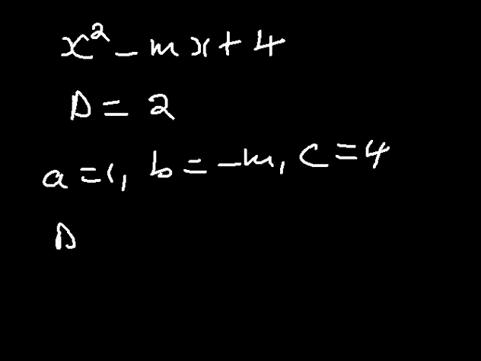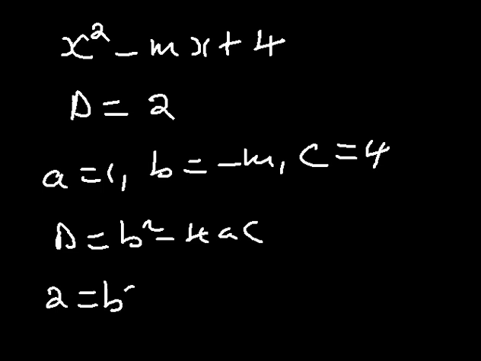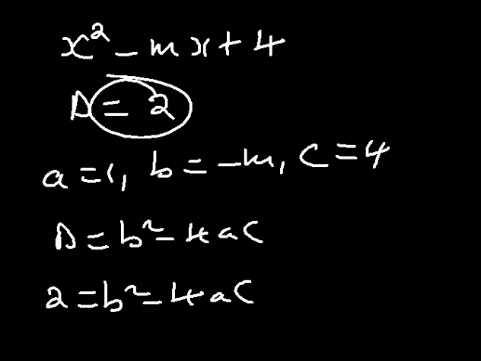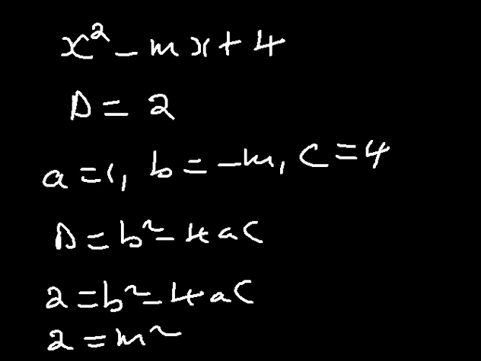We know that the discriminant is b squared minus 4ac. Now we have 2 equal to b squared minus 4ac, because we have been given that. Then let's substitute: 2 is equal to negative m to the power 2, which is m squared, minus 4 times a, that is 1, times c, that is 4.